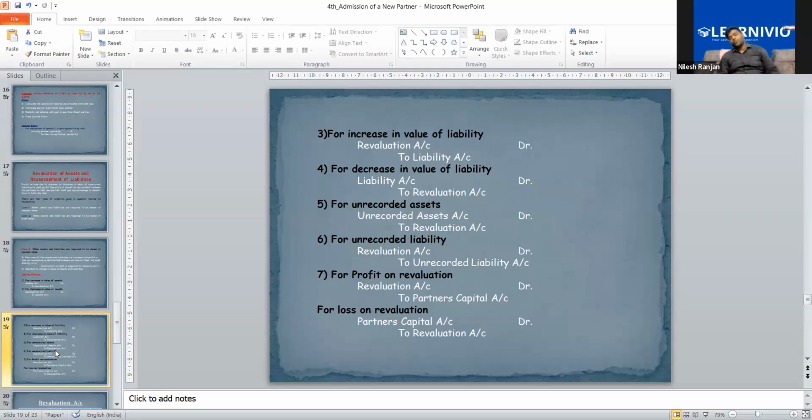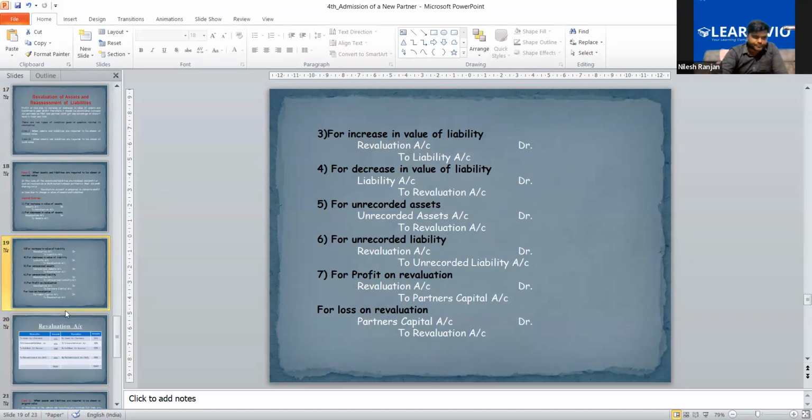Because due to profit, partner capital will increase, so capital increases on the credit side. If it is loss, then it will be on the debit side of partners capital because capital will decrease. So partners capital account debit to revaluation. All these are the entries.